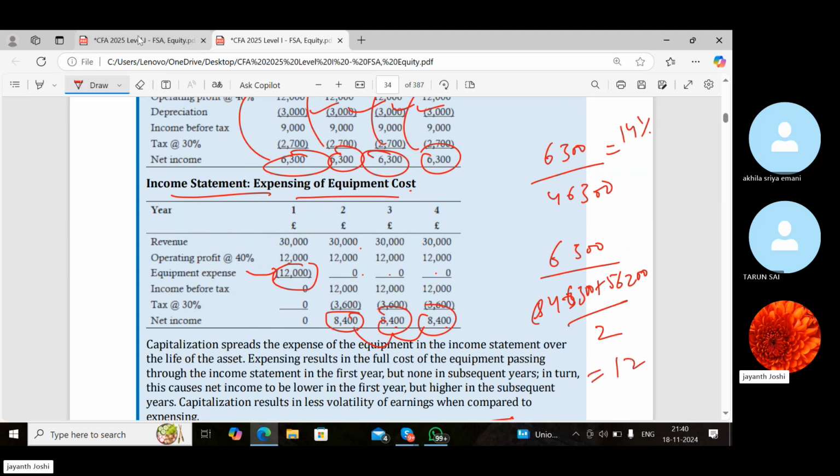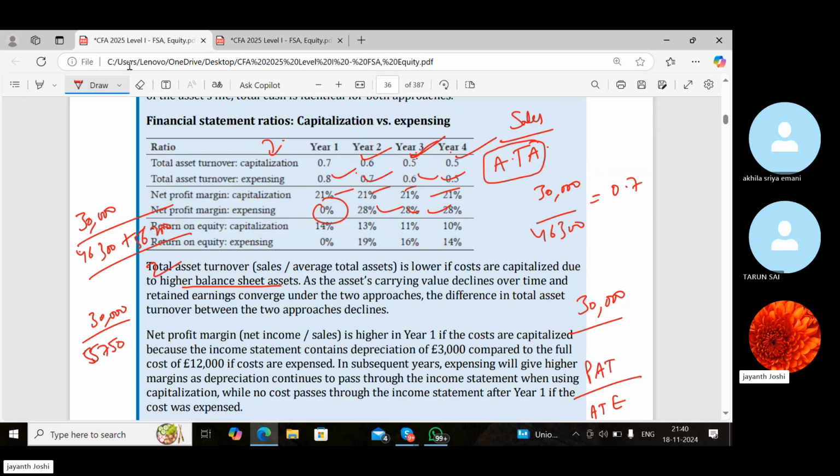That is what we can check, 12 point something. So every year you can see the ratio is decreasing.